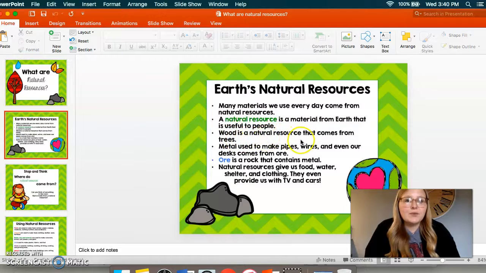Wood is a natural resource that comes from trees. Metal used to make pipes, wires, and even our desks comes from ore. Ore is a rock that contains metal. Natural resources give us food, water, shelter, and clothing. They even provide us with TV and cars.